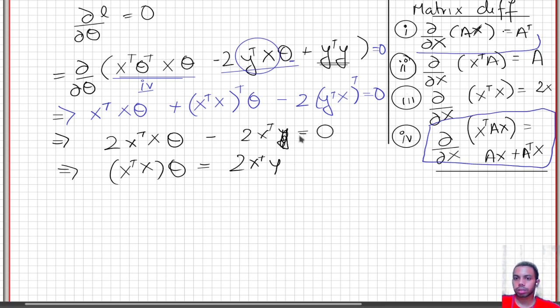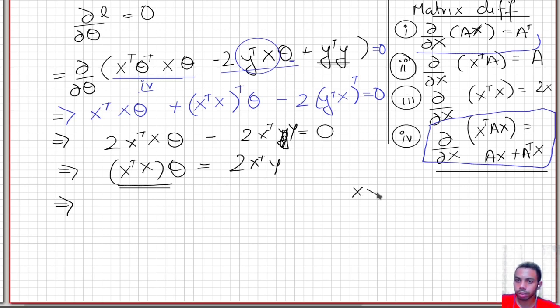So let me just write y in the capital form because it's a matrix. So then what we have is very simple. Assuming that we can find this inverse, assuming that this thing exists.